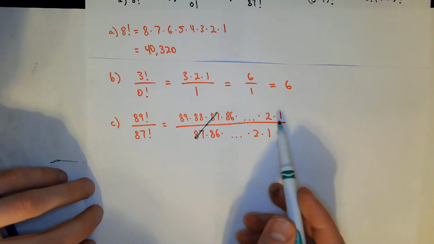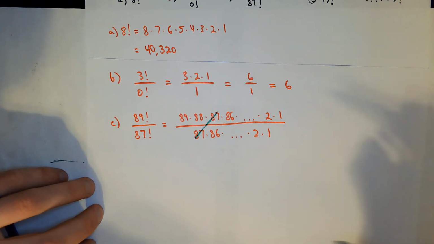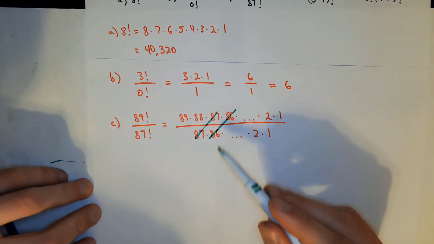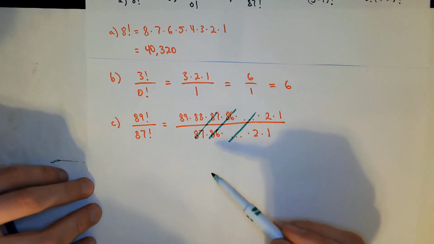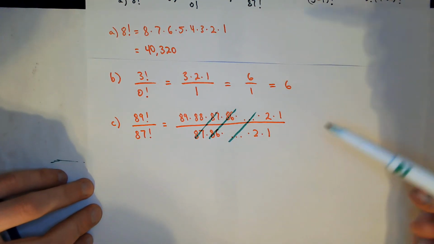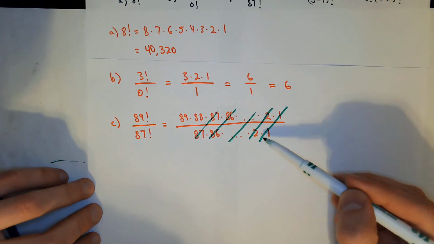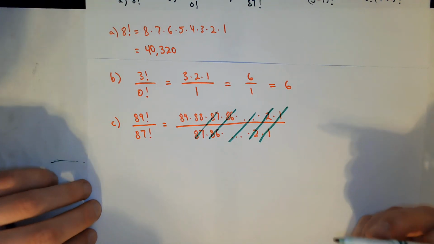These are all attached by multiplication, so I can do fraction simplification all over the place. The 86 cancels. In fact, everything in between is going to cancel: 85 over 85, 84 over 84, all the way down to 2 over 2 and 1 over 1.